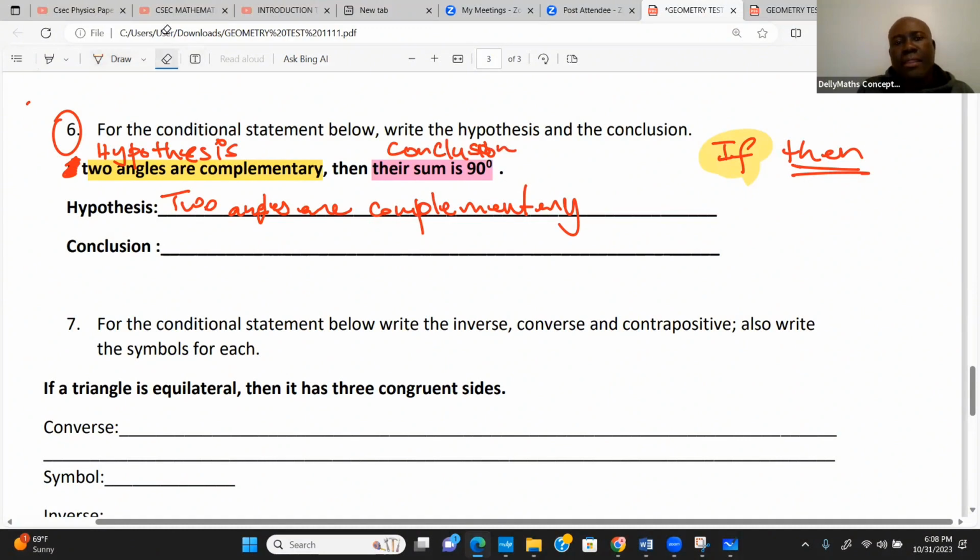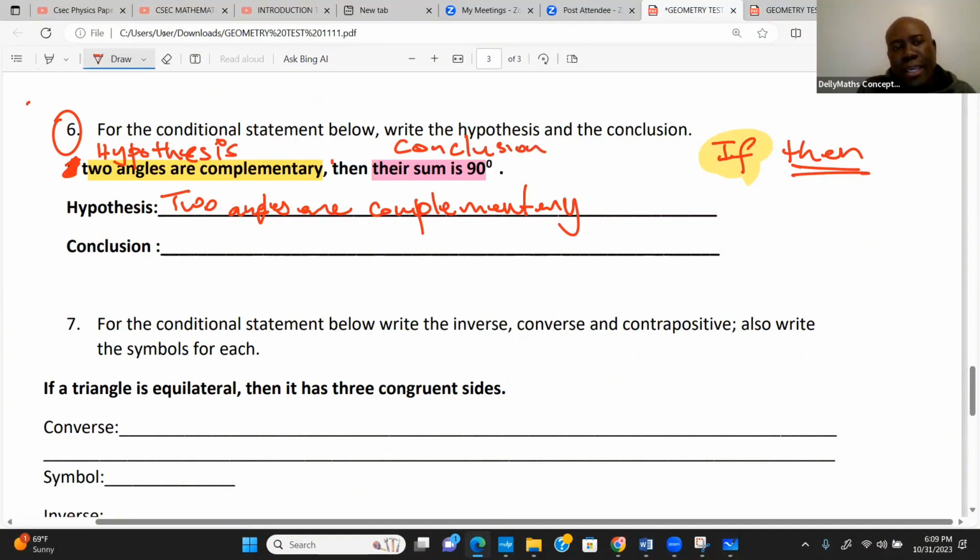Bear in mind that the word then is not a part of the conclusion.